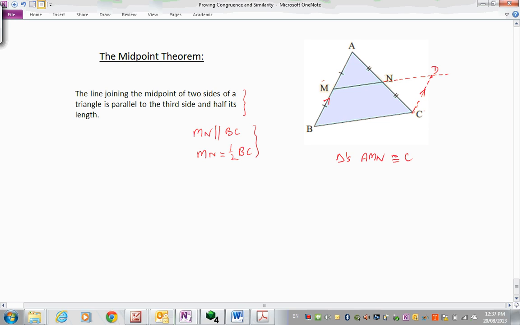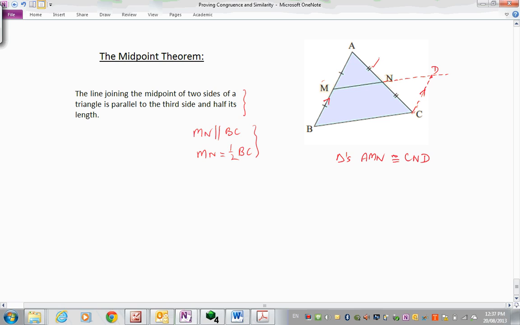C, and CN is going to be the same as AN in length. So this is going to be CND. Okay, and that would be the matching sides of our triangles, and we'd have to prove those congruent. So let's have a look. How could we do that?